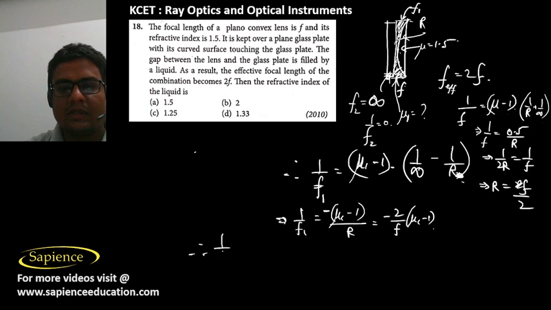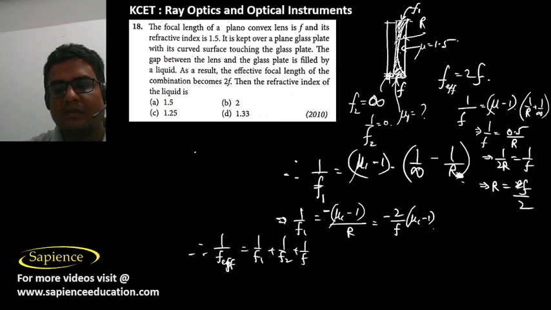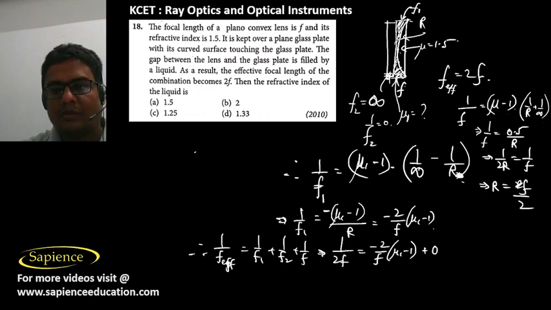So therefore 1 by the effective focal length, that is equal to 1 by f1 plus 1 by f2 plus 1 by f. So 1 by 2f is equal to 1 by f1 minus 2 by f into mu1 minus 1 plus 1 by f2, that is 0, plus 1 by f.